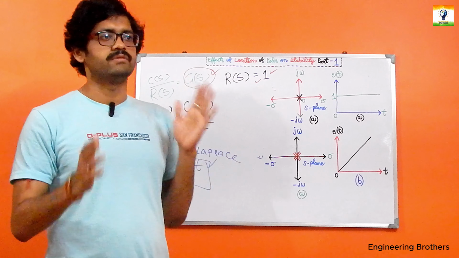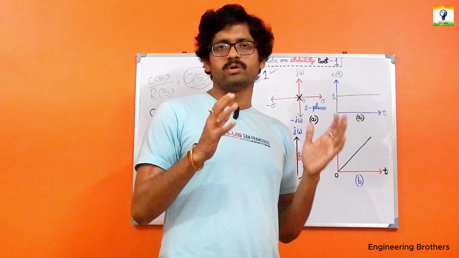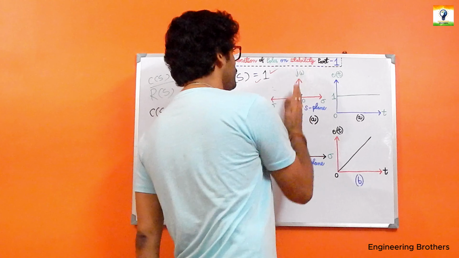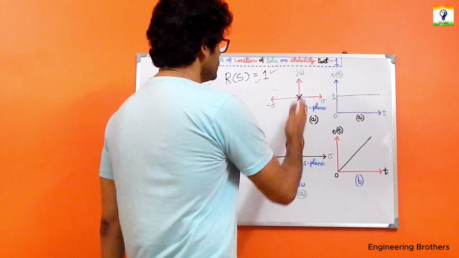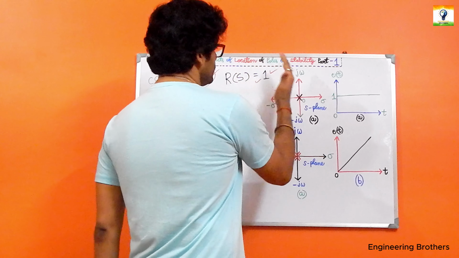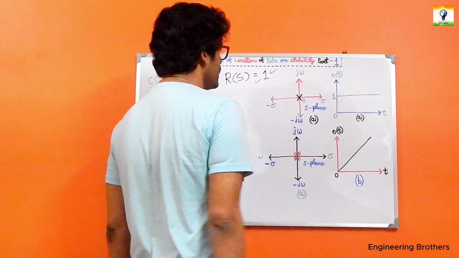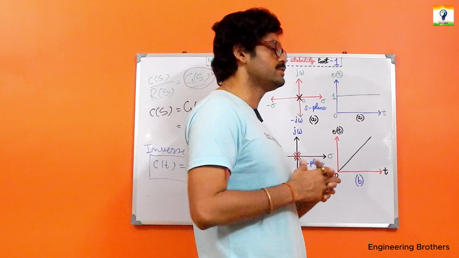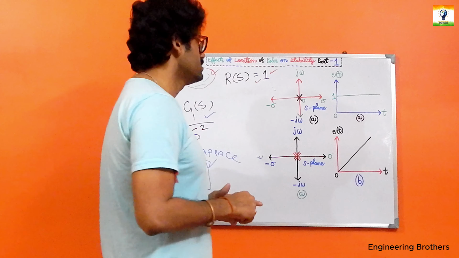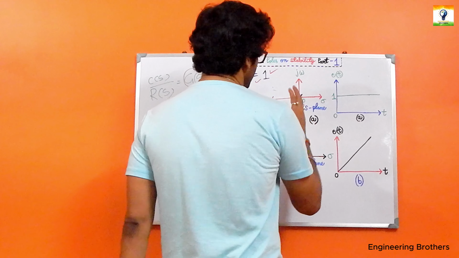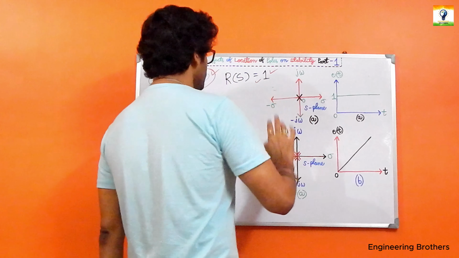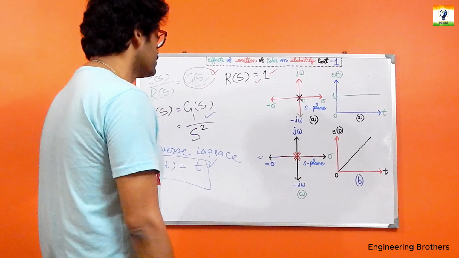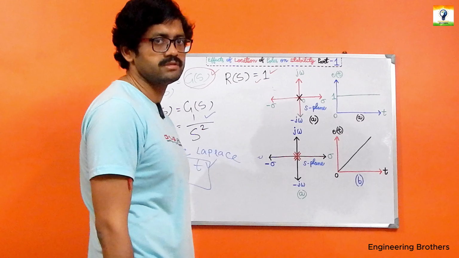But if the pole is placed on the j omega axis, it is neither in the left hand side nor in the right hand side, but in between the stable and unstable regions. That is why we can say that for these two cases, the system is marginally stable.